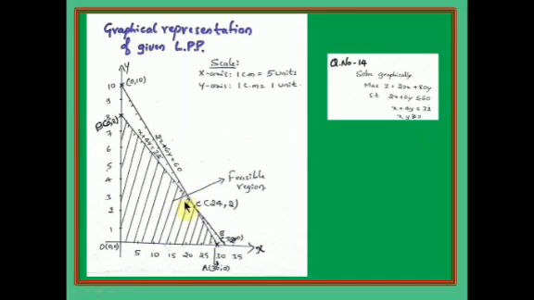And as I said in the previous class, the previous slide, if any points appear in between, in the area of the graph, it is better to solve simultaneously for the point of intersection of the two lines.